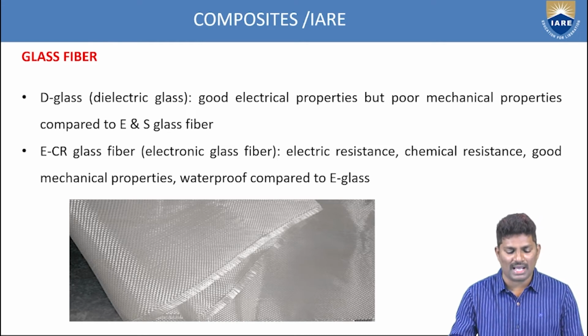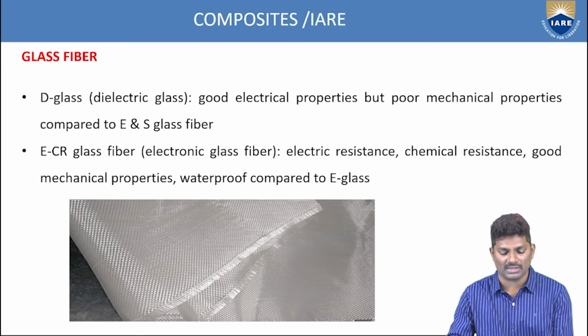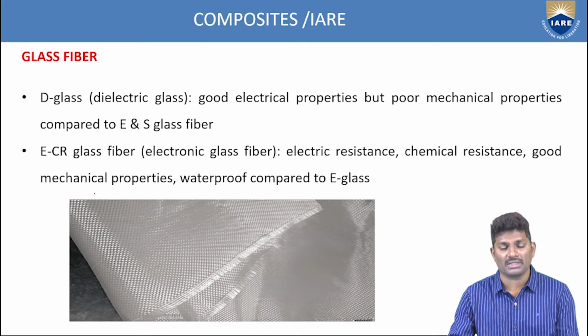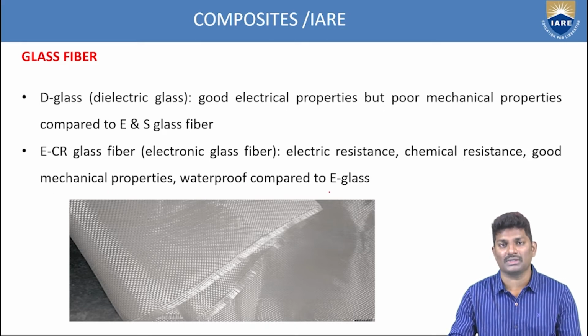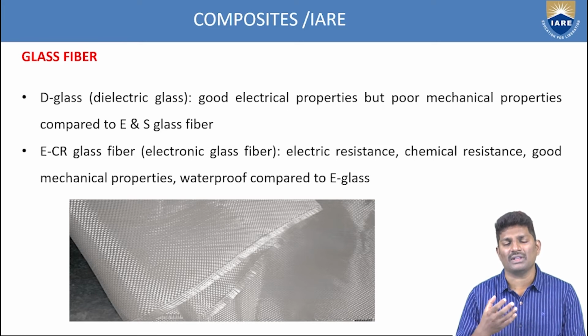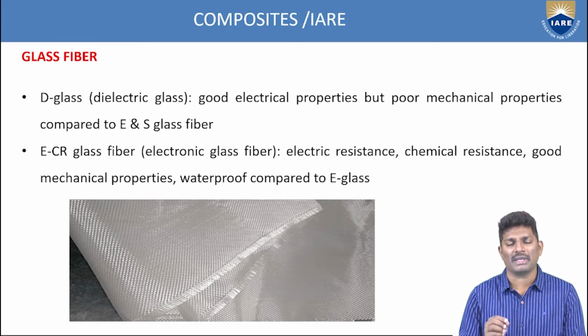ECR glass fiber is again called electronic glass fiber. It has electrical resistance, chemical resistance, good mechanical properties and is also waterproof compared to E glass. So there is an improvement in the composite material. Once you do some experiments, only then can you identify the drawbacks.